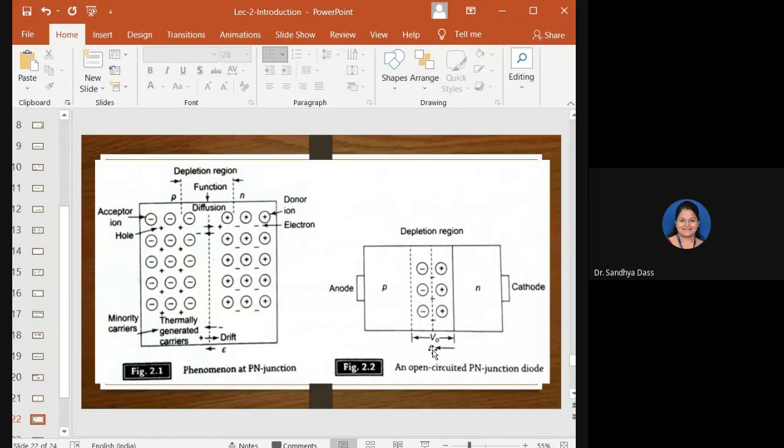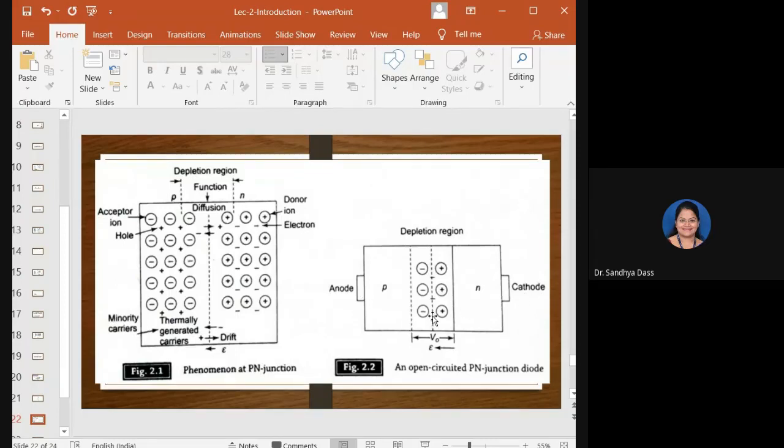Okay. So now, what we discussed here is when the PN junction or the diode is not biased, in unbiased condition. Even in that condition, there is a small potential that can be measured across the terminals of the diode. Now, if you want to make this device conduct, we have to apply a voltage that is more than this barrier potential.